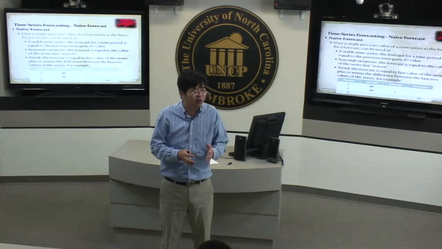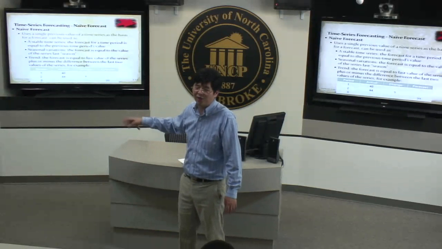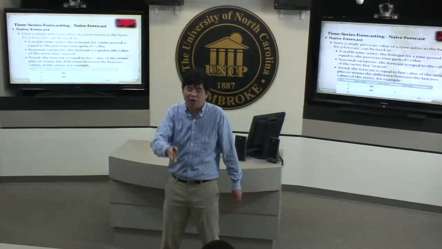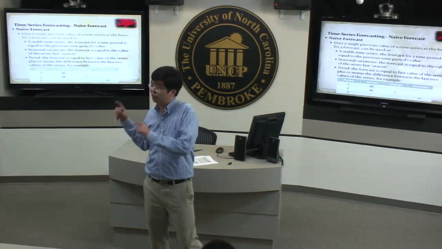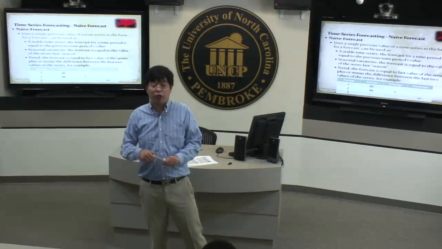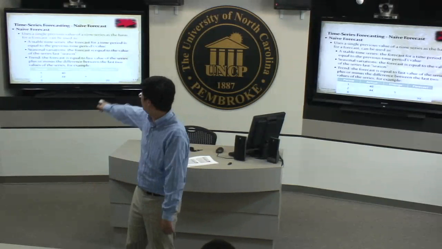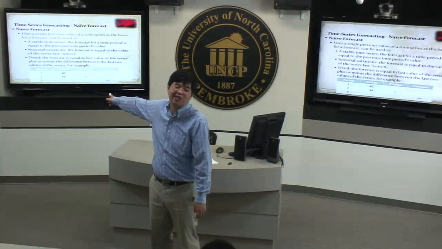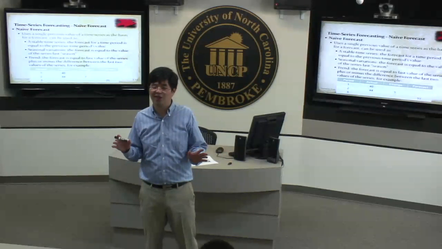If they don't mention the trend, just say naive, what's period 3's forecast? 44, for the pure naive method. If they mention that it's the naive method with consideration of trend, then you need to capture the trend. If they don't say trend, they just say naive, that's the previous one, which is 44. Good. Clear? Okay, great. See you guys on Friday.